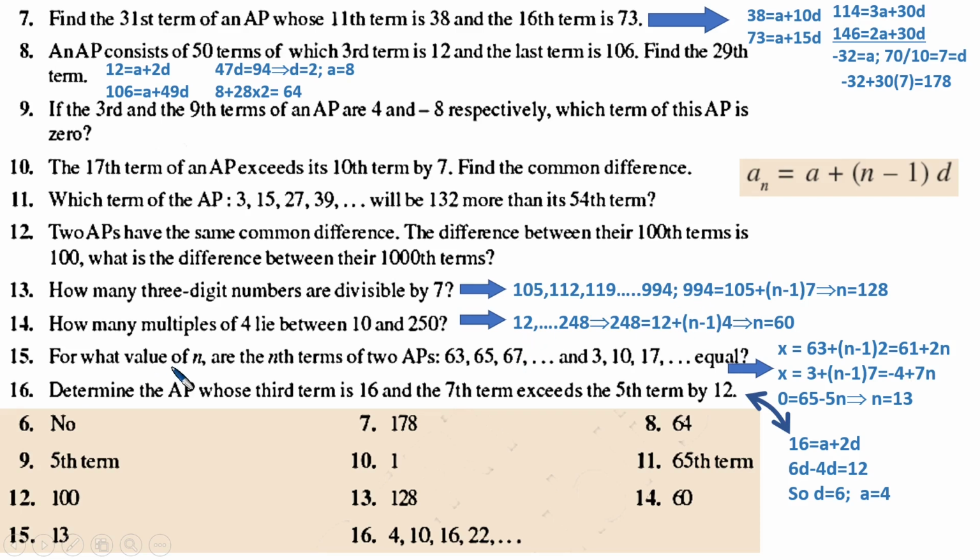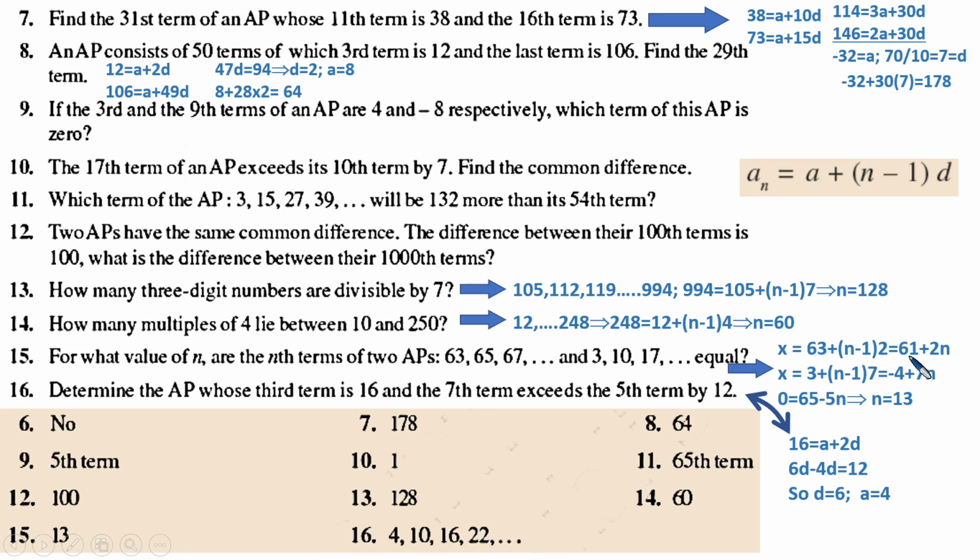Very similar one: find for what value of n the nth terms of the two APs 63, 65, 67 and 3, 10, 17 are equal. Here they have asked at what value of n the element from this AP and from this AP will be the same. I do not know what n will be, so I write x equal to 63 plus (n minus 1) times 2, the difference being 2.